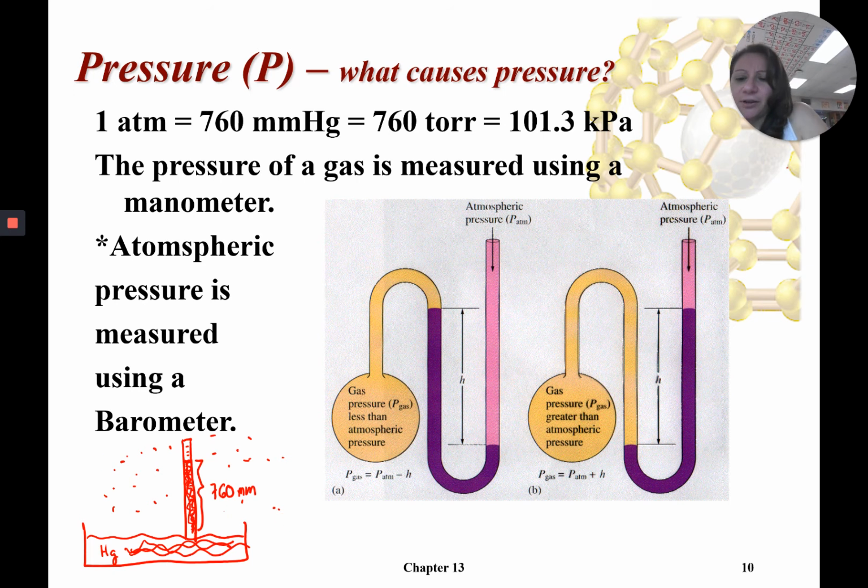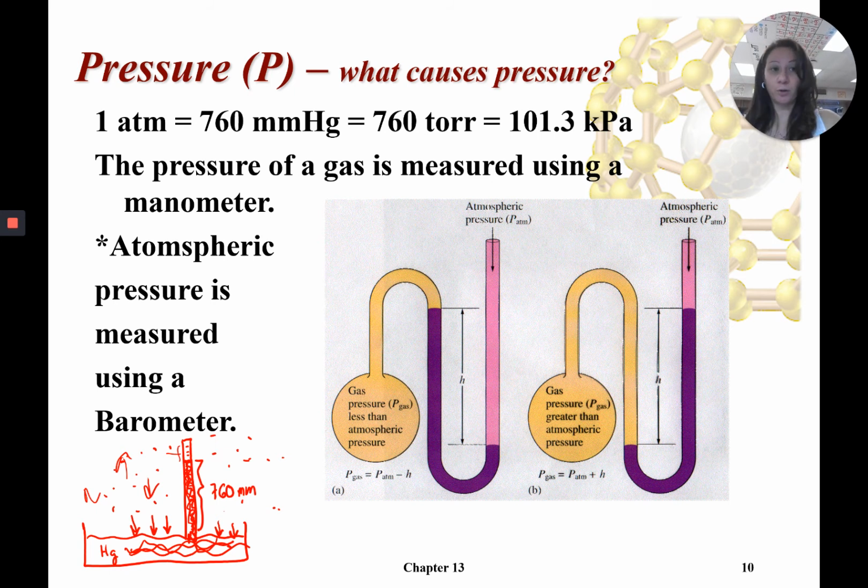And they're pushing on everything. They're pushing on this, they're pushing on each other, they're pushing in every direction, including they are also pushing on this liquid right here. And that's causing the liquid to stay in the tube. And when there's normal collisions, that height is 760 millimeters of mercury.